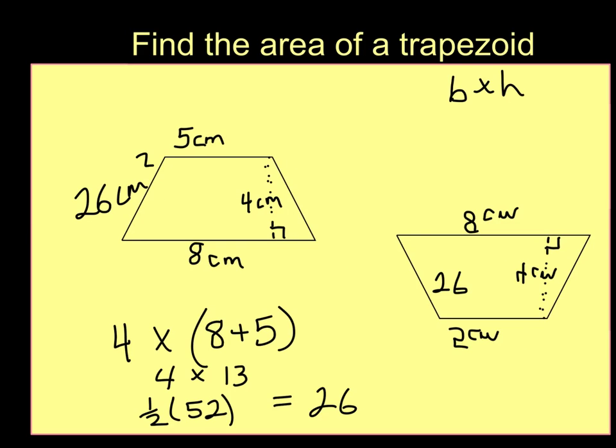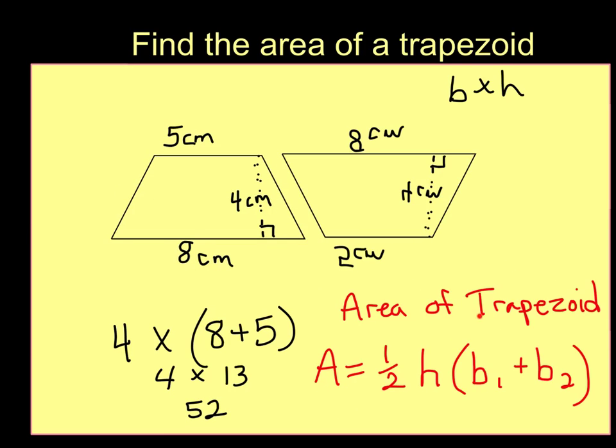So the area of a trapezoid is going to equal 1/2 of the height times base 1 plus base 2. And the reason is because when we flip it, base 2 ends up right here, right?